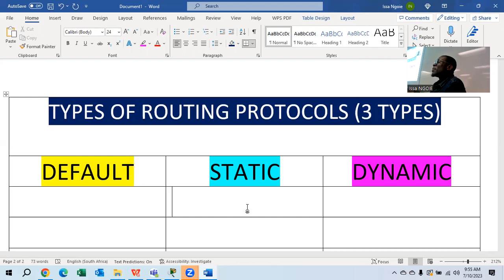I can do it by using the default route, or the static route, or the dynamic route, right? So you have two routers. There are three ways, or three types, you can connect routers. You can do it by using the default configurations, or using the static, or using the dynamic, right? Any question?